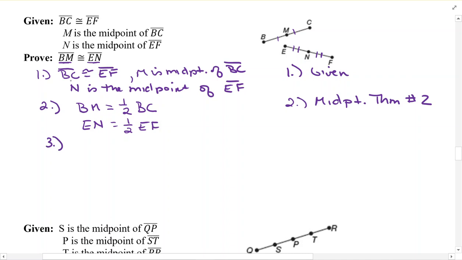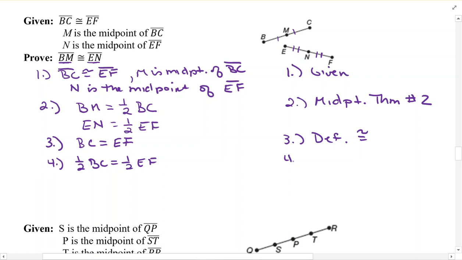We were also given that BC is congruent to EF, which means that BC equals EF. And that's by definition of congruence. We can multiply both sides by 1/2. And that's the multiplication property.